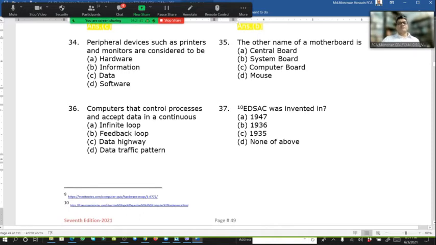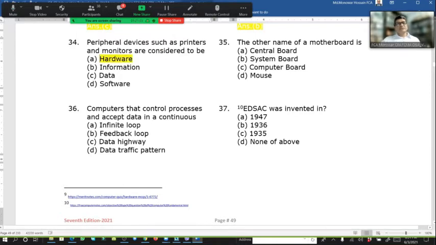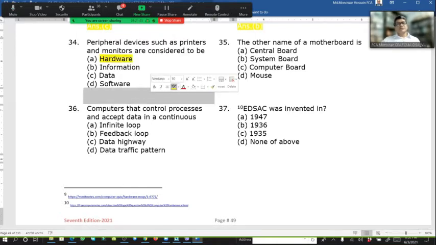In 34, peripheral devices, such as printers and monitors, are considered to be what? Hardware. So this is this chapter's answer. It is the hardware.